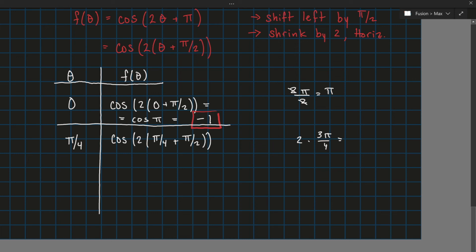Oh, no, just the angle. I'm still looking at just the angles. So the 2 will cancel there, so it'll give us 3 pi over 2. So cosine of 3 pi over 2 is what? 0, good. It's the x value at 270, so it's 0.